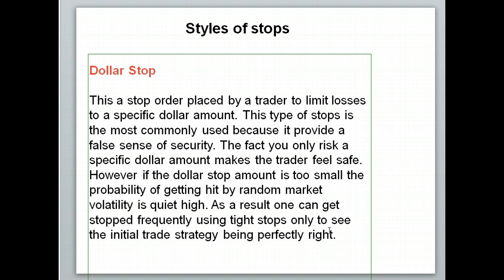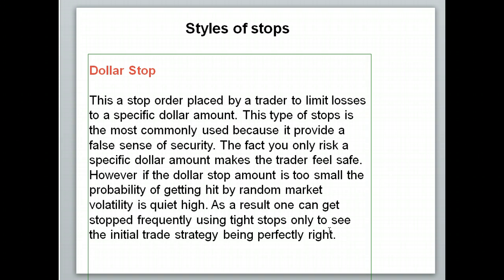Example, let's say I buy an E-mini contract at a specific price and I tell myself that the maximum amount I want to risk is $200. Therefore, I'll go ahead and place a stop order against my trade that would get me out of the trade if I'm wrong by $200. Now, the $200 that seems fine for you may not be relevant to the market.